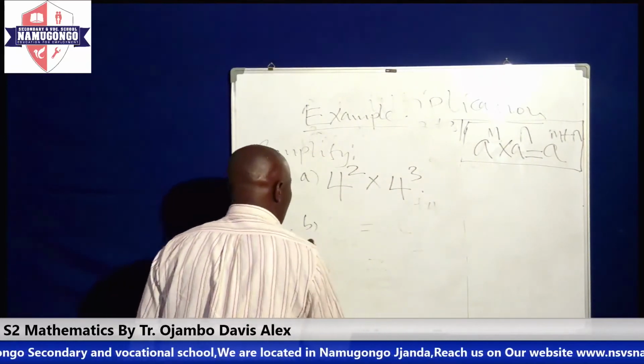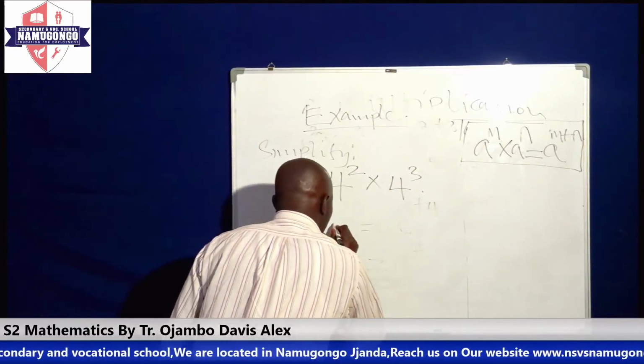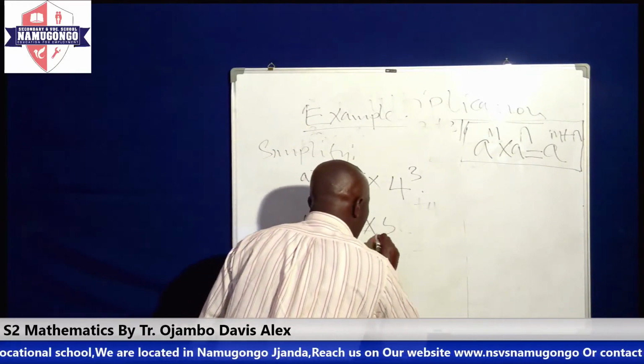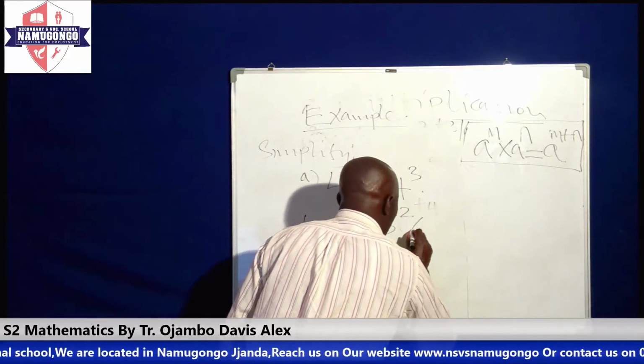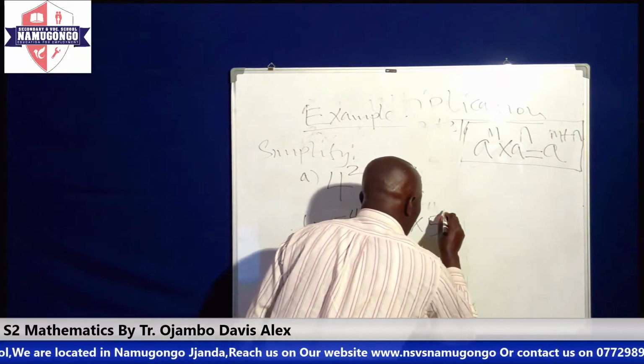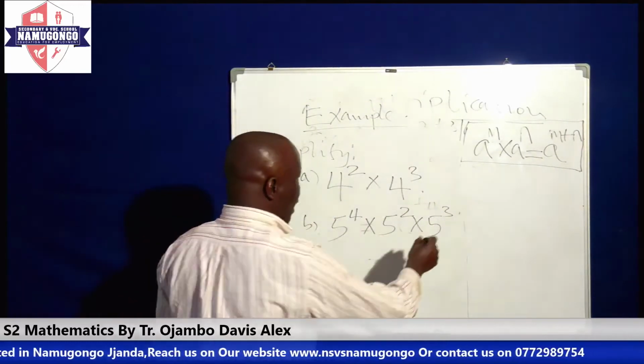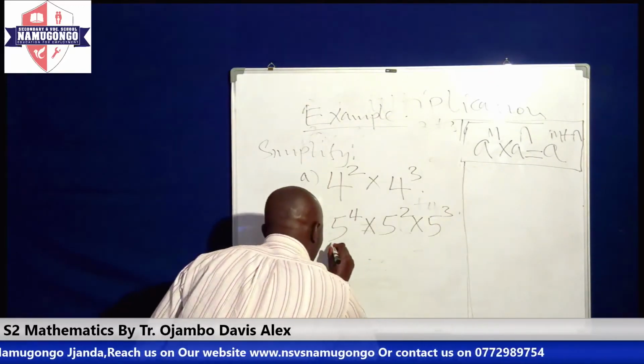Then B, we have 5 raised to the power of 4 times 5 raised to the power of 2 times 5 raised to the power of 3. So we are going to work out part A, solution.